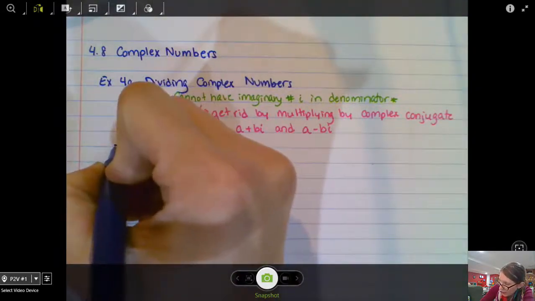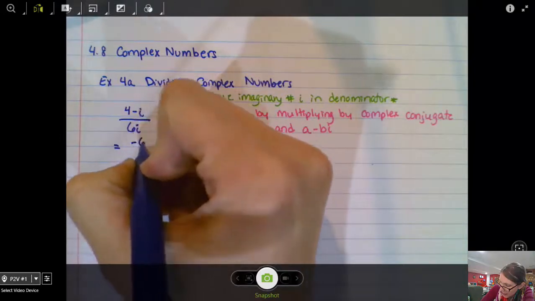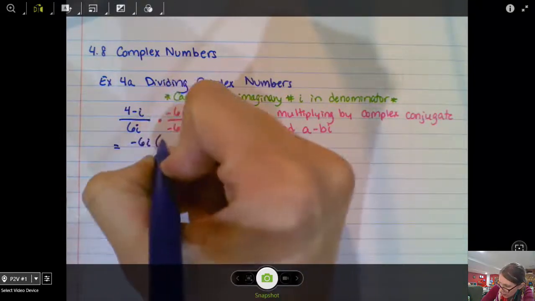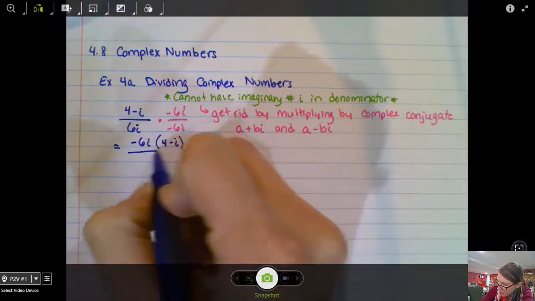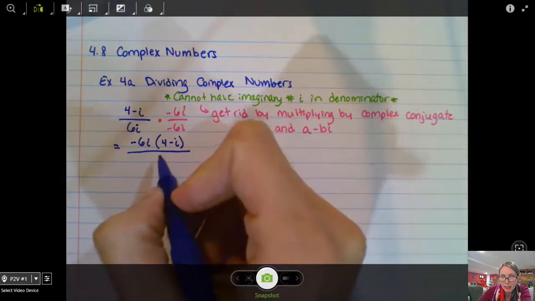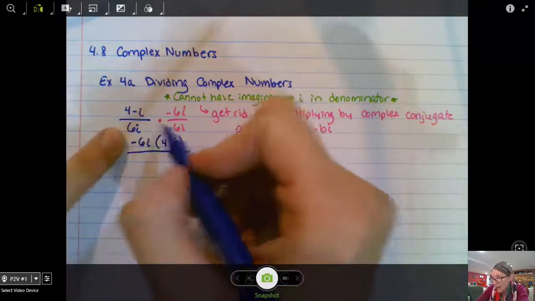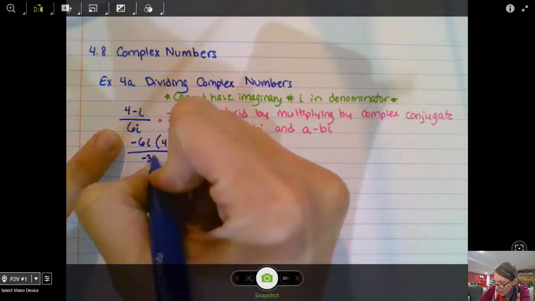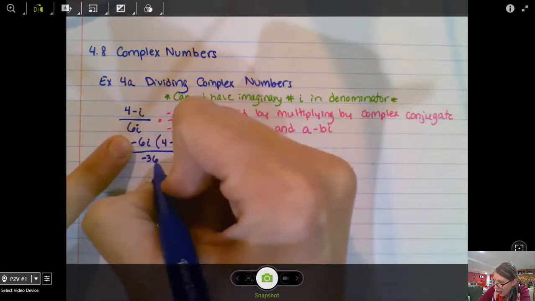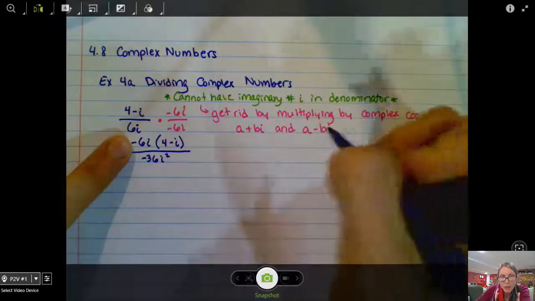After I do that, that gives me negative 6i times 4 minus i, which we'll have to distribute in a second. And then 6i times negative 6i, well, 6 times 6 is negative 36. i times i is i squared.